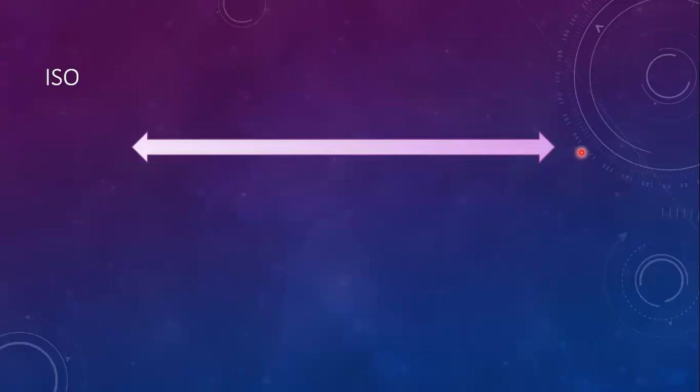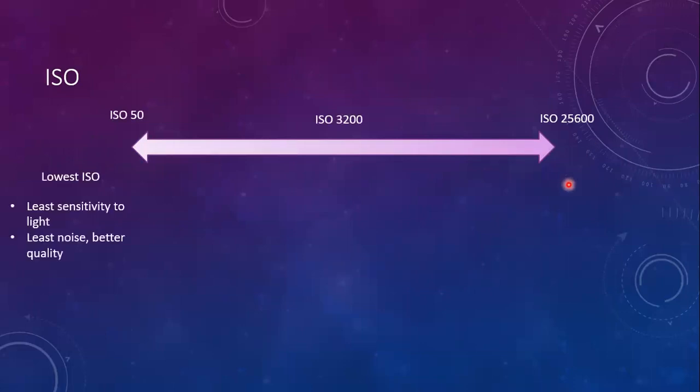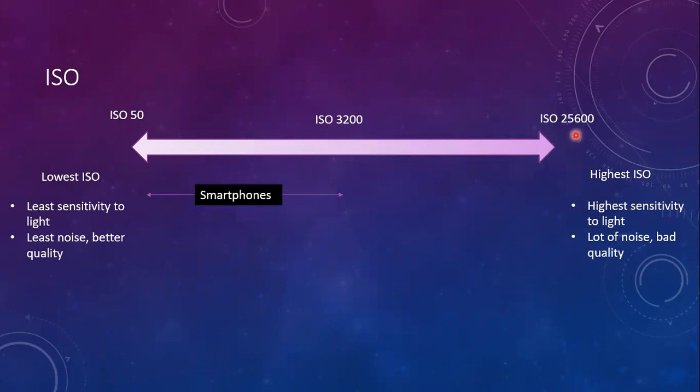So let's talk about ISO. The ISO can range from anywhere around 50 to 100 to more than 25,600. In modern-day smartphones, this can only vary up to a limited range of around 3,200 or 6,400. Now, a lower ISO means less sensitivity to light, but it will result in a better quality image with the least amount of noise.